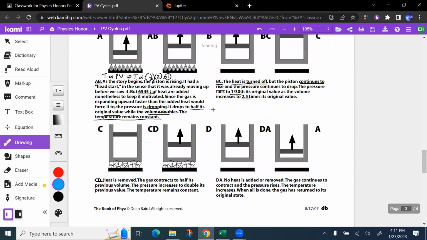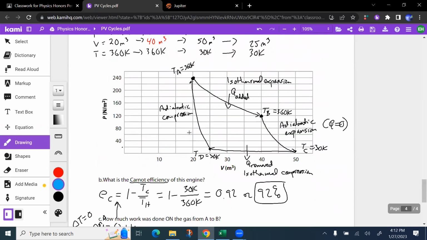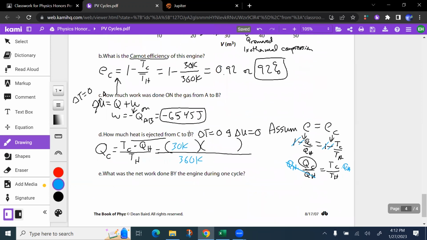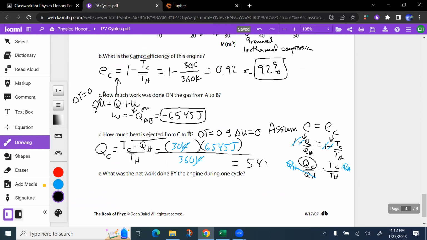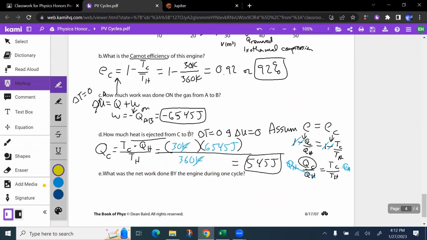It tells you right here. 6,545 joules of heat are added to it. So that's going to be our value right there. That's QH. 6,545 joules. And when we multiply 30 times 6,545 and divide it by 360, we're going to get 545 joules of heat expelled from the heat engine.